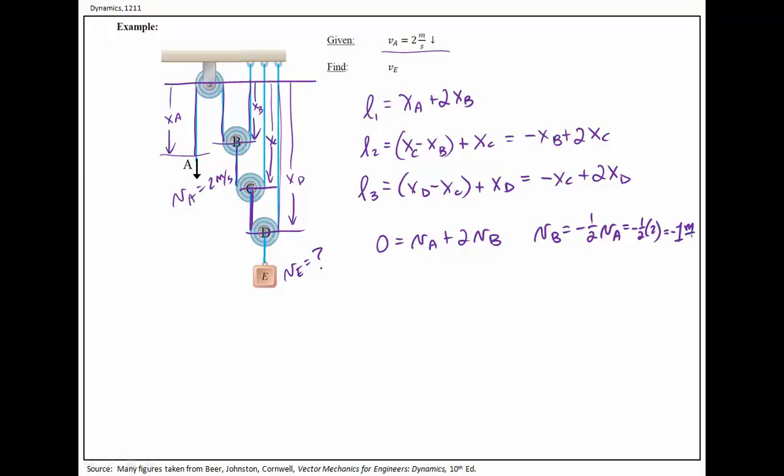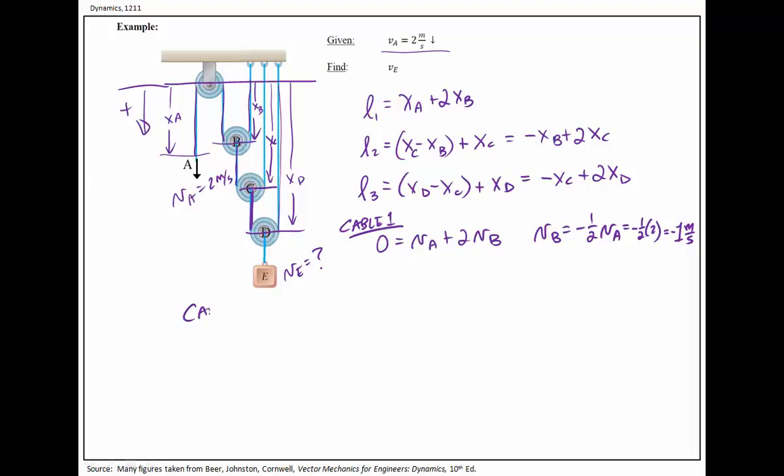Be careful with the sign. Remember, our datum made positive this direction, positive downwards, and we said that VA is downwards. So by VB being negative, we're actually going to say later on that VB would be going upwards at 1 meter per second.